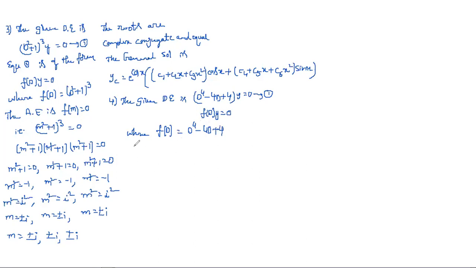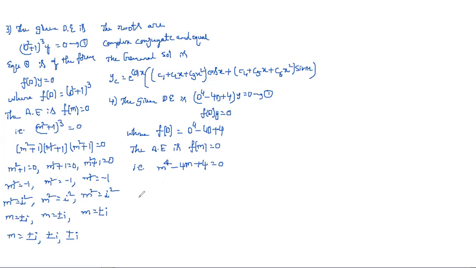Now we are going to find the roots for this. The auxiliary equation is f of m is equal to 0, that is m power 4 minus 4m plus 4 is equal to 0.